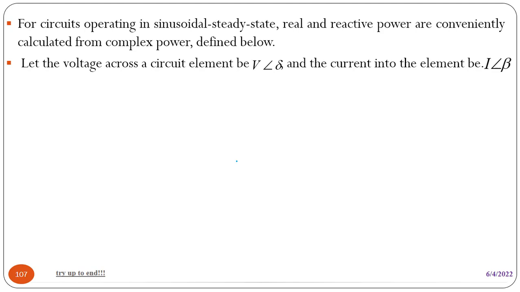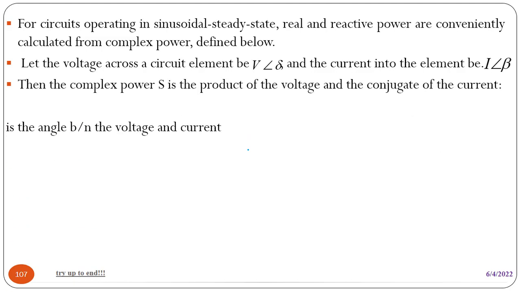So for circuits operating in sinusoidal steady state, real and reactive power are conveniently calculated from complex power, which is defined as follows. Let the voltage across the circuit element be V at an angle delta, and the current into the element be I at an angle beta.